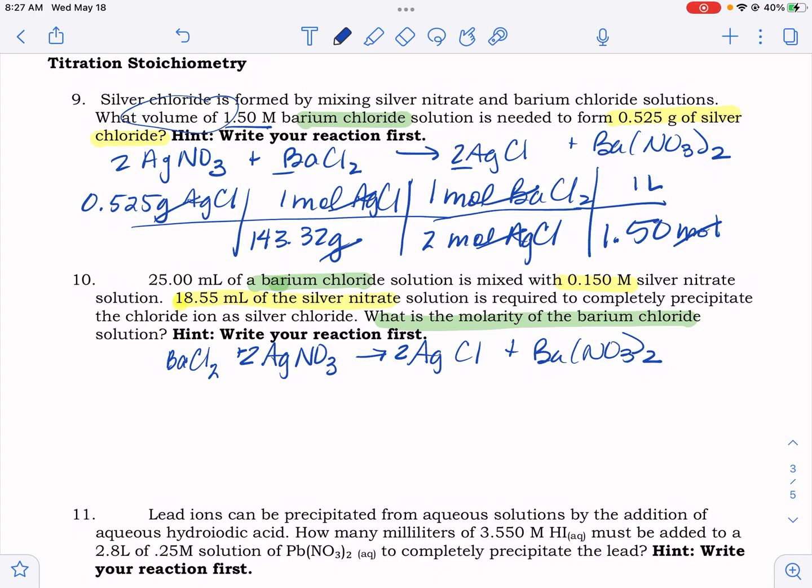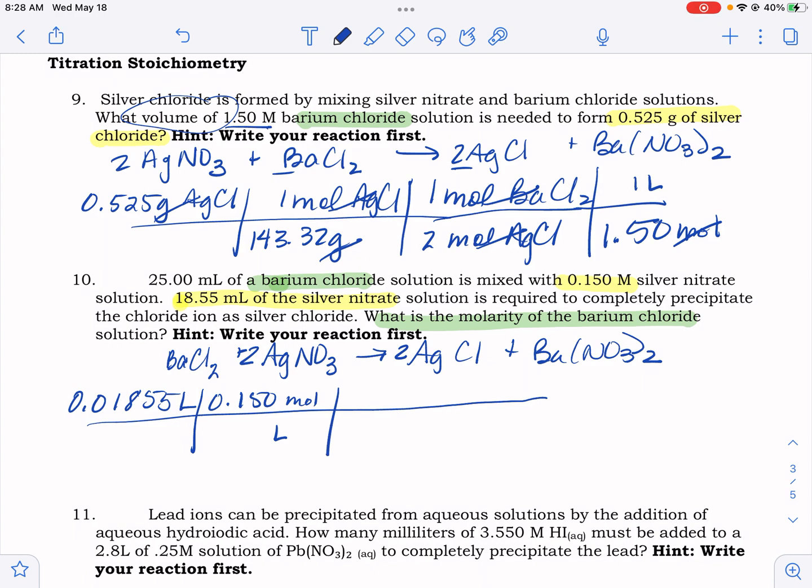So we start with what we know. I'm going to change milliliters to liters. 0.1855 liters. My molarity is 0.150 moles over liters.